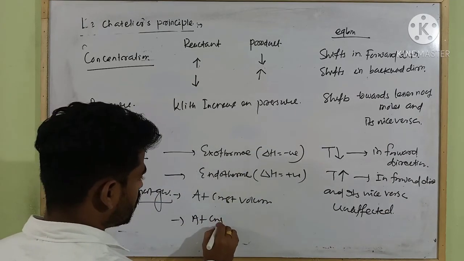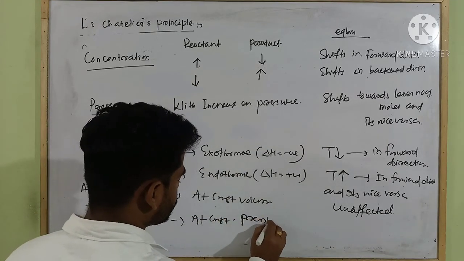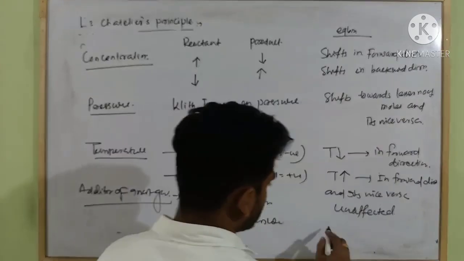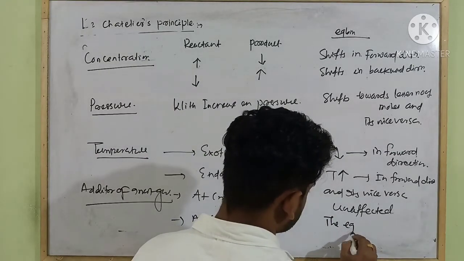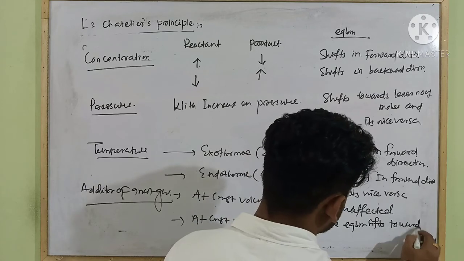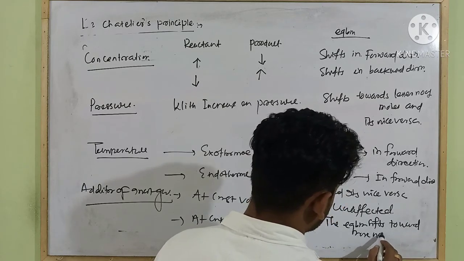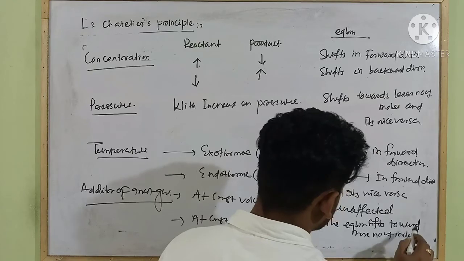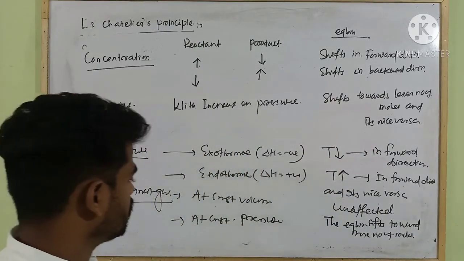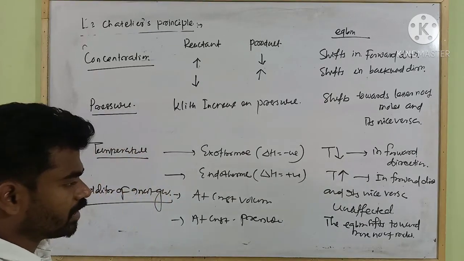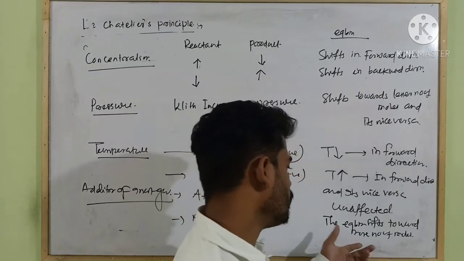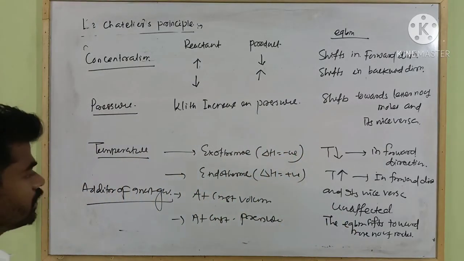At constant pressure, the equilibrium shifts towards more number of moles, or you can say at constant pressure the volume increases and the number of moles decreases, so the equilibrium shifts towards more number of moles. You can write.